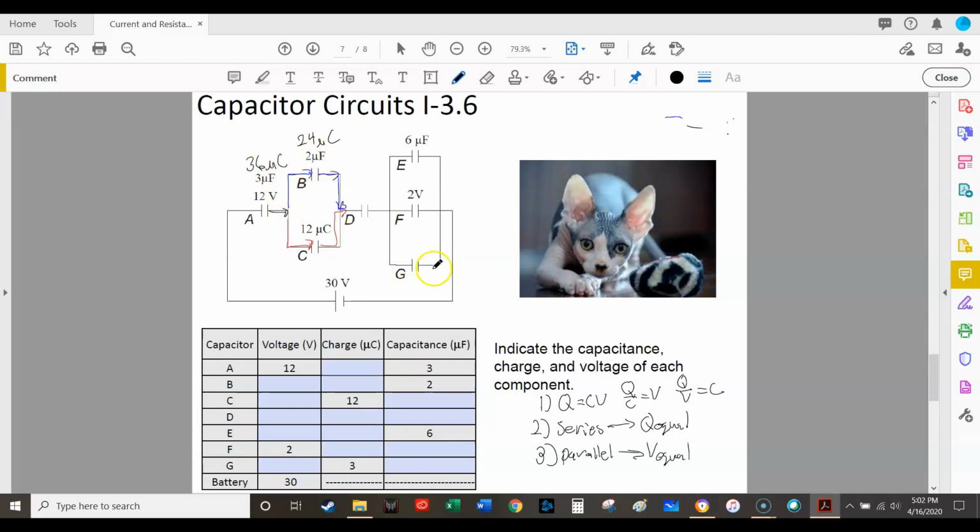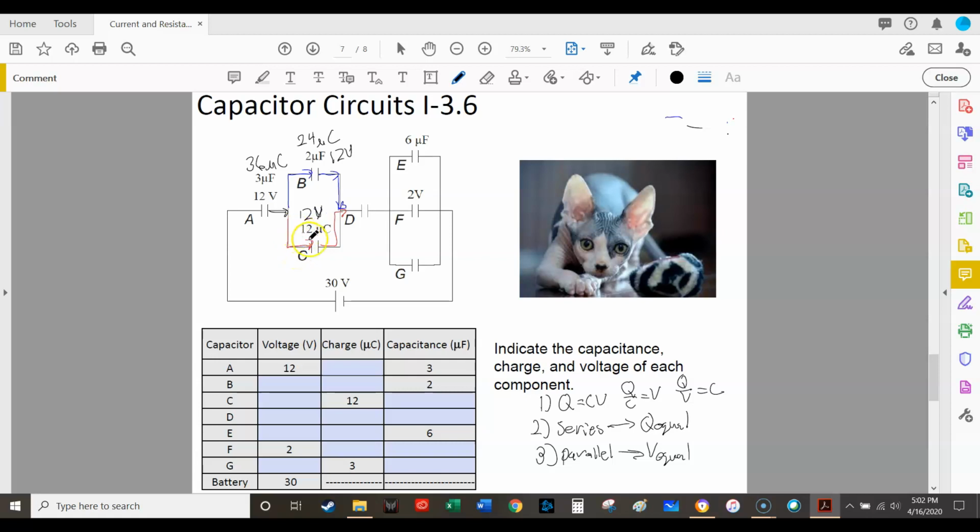Well, now the beauty of this is, now we're going to know the voltage, right? 12 microcoulombs divided by 2 microfarads. I'm doing B right now. Well, that's going to be 12 volts, right? And since B is in parallel with C, we know that is also 12 volts too, right?